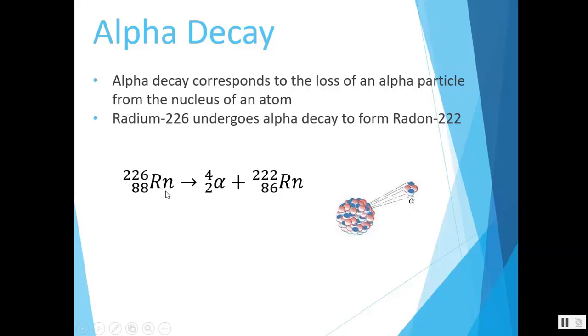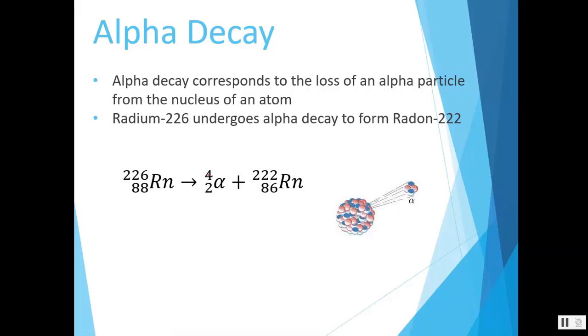When that radium-226 undergoes decay, if you look at your periodic table, radium has an atomic number of 88. And if we wanted to figure out the number of neutrons in this nuclide, we could subtract 88 from 226. When it undergoes alpha emission or alpha decay, we see that 4 of those protons and neutrons get lost.